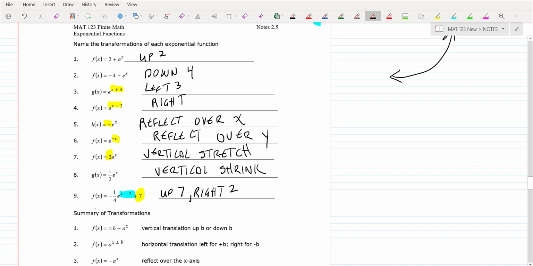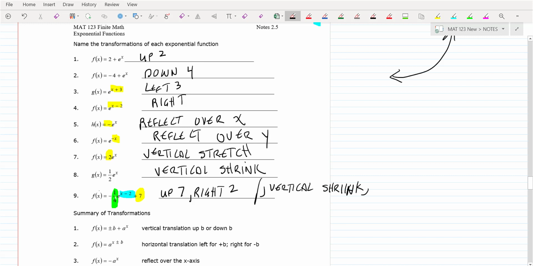Now I'm multiplying by 1/4. I'm making the y values get smaller. So what does that do? Shrink, vertical shrink. And that's the other thing, there's 4 transformations. So what you have here is vertical shrink. And then the last thing is reflect.